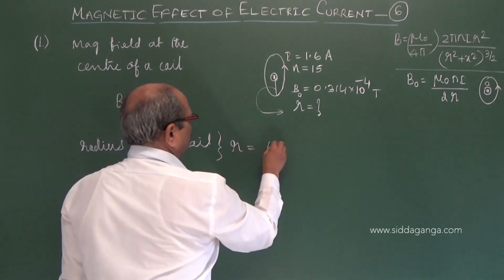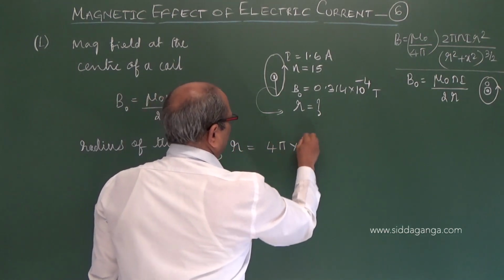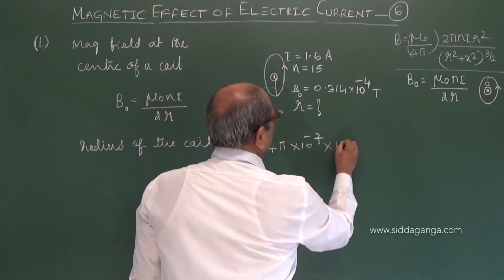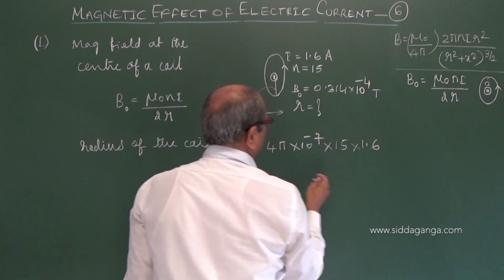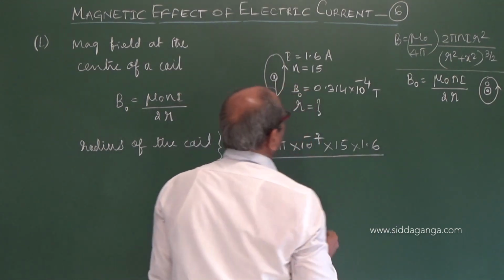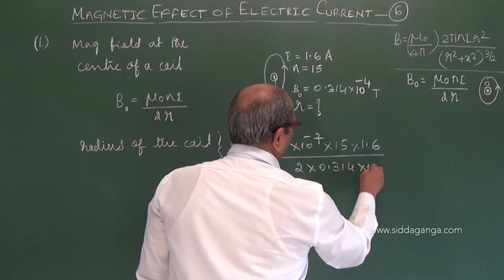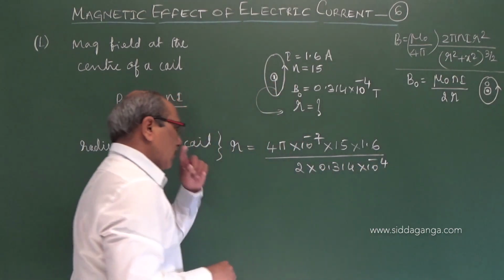Suppose we want the radius of the coil, R is equal to mu naught, which is 4 pi into 10 power minus 7, into number of turns 15, into 1.6, divided by 2 into 0.314 into 10 power minus 4.